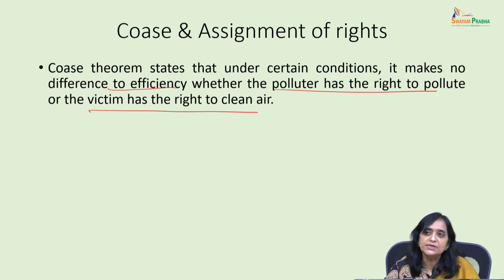The efficiency in the market or the optimum allocation of the pollution in the market can be brought about without giving a property right to any one person if certain conditions are proved. So whether it is the polluter to whom you have given the right to pollute, or it is the victim who has the right to clean air, it will make no difference if there are certain conditions.